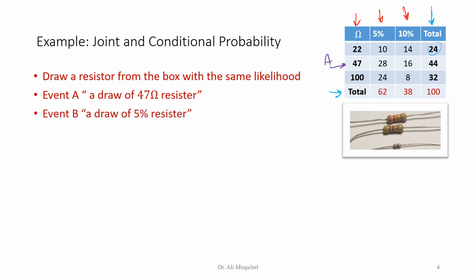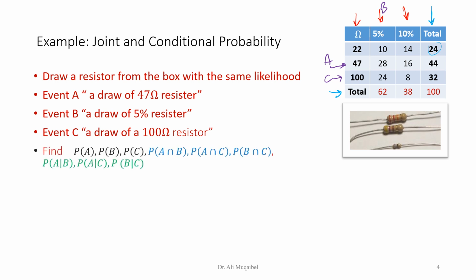Then we define event B to be drawing a 5% resistor. This is on this side, so this is B. And finally, we define event C to be drawing a 100 ohm resistor. Here we go, we have C, 100 ohm.